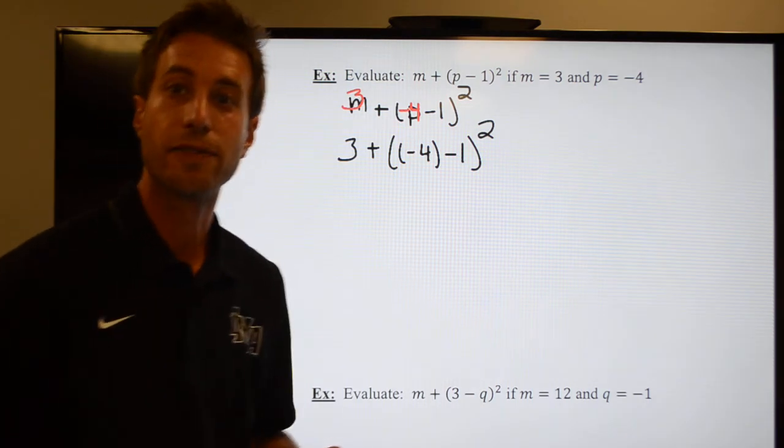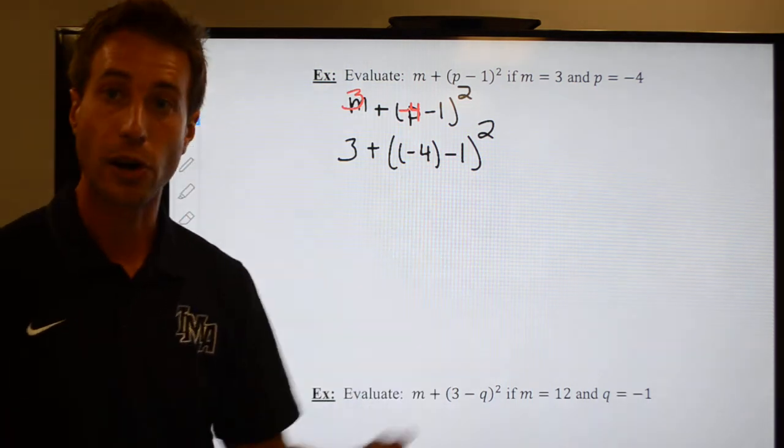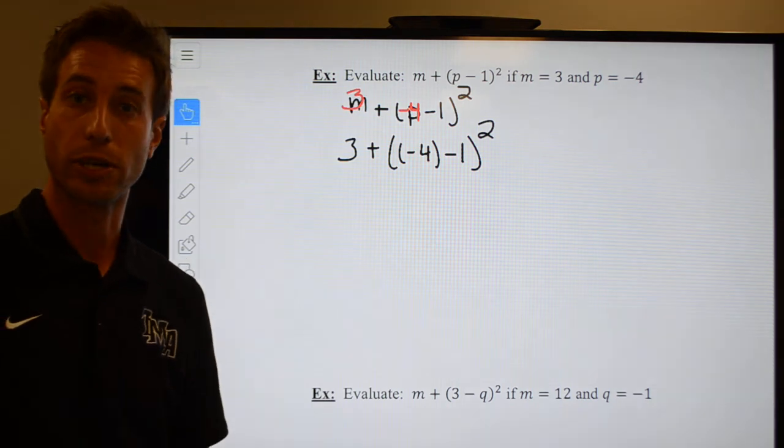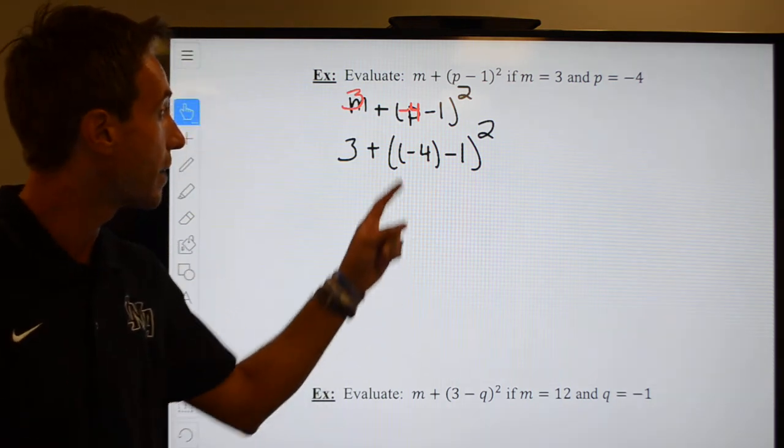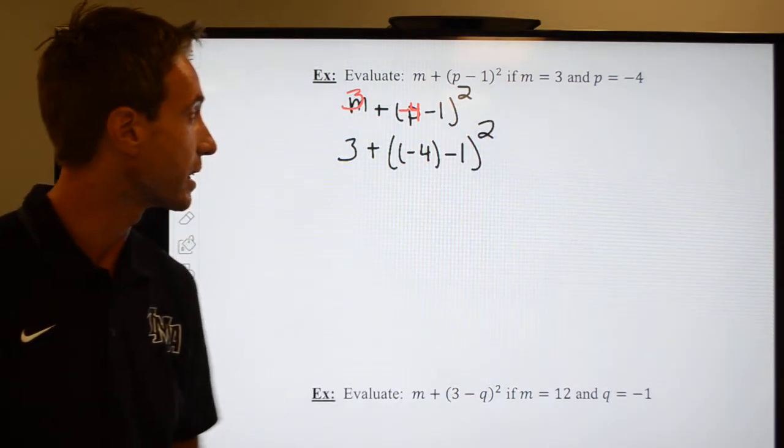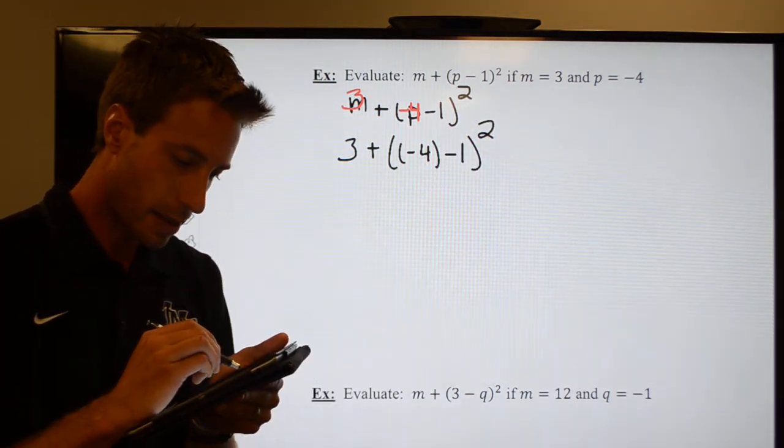So now that we have substituted in what we know the variables to be, we will perform the order of operations to get our solution, our answer. So here we go. I'm going to have a negative 4 minus 1. I've got to take care of everything inside the parentheses first, which is going to give me a minus 5.